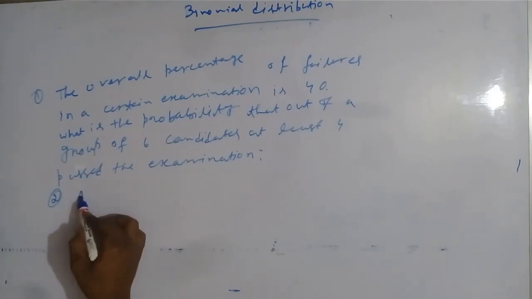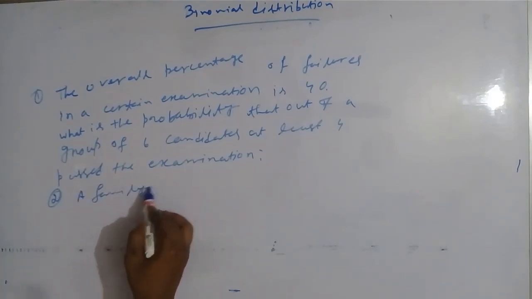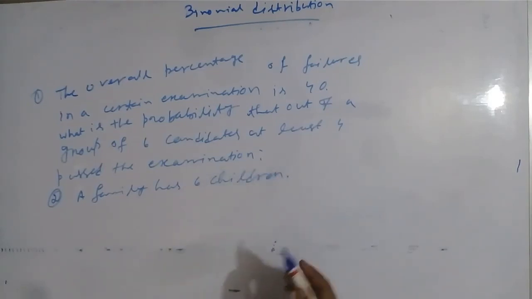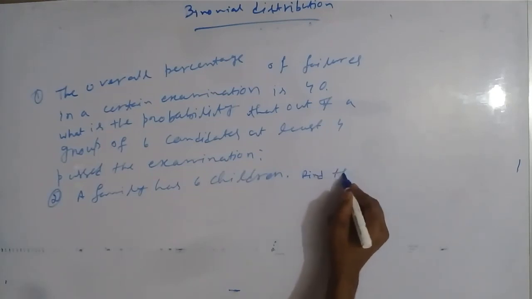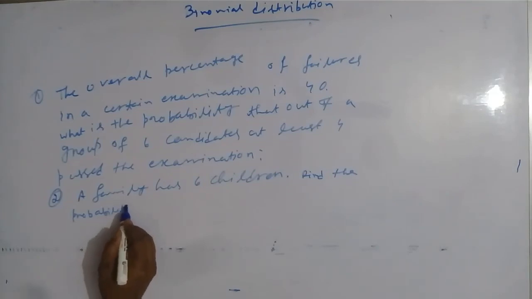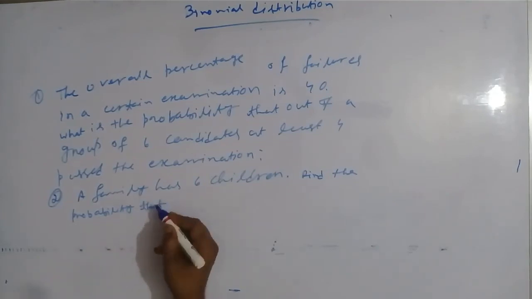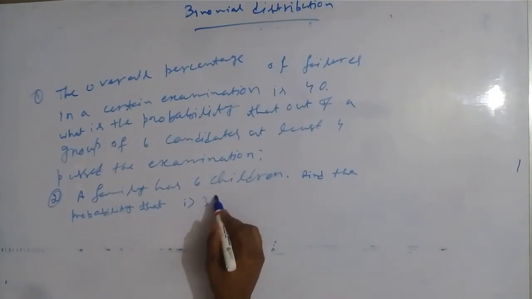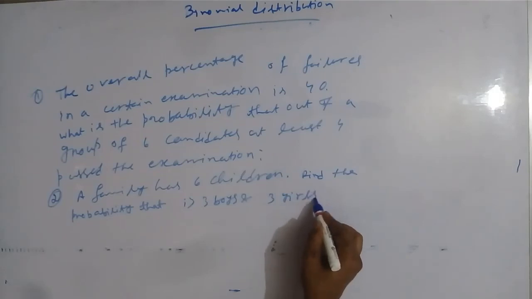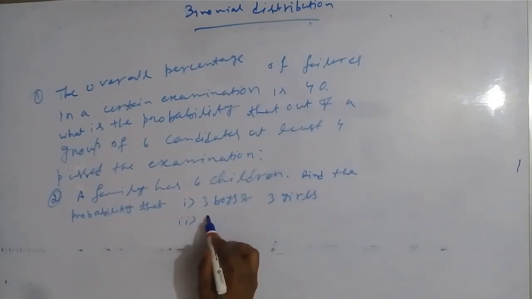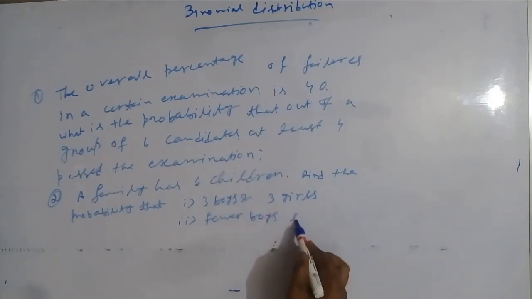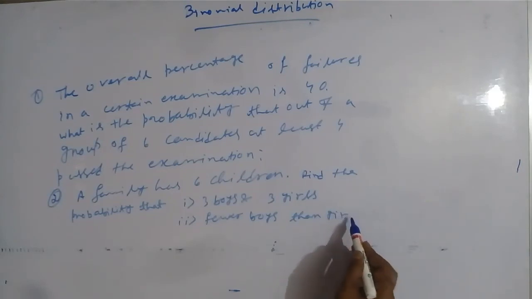A family has 6 children. Find the probability that number 1, 3 boys and 3 girls, number 2, fewer boys than girls.